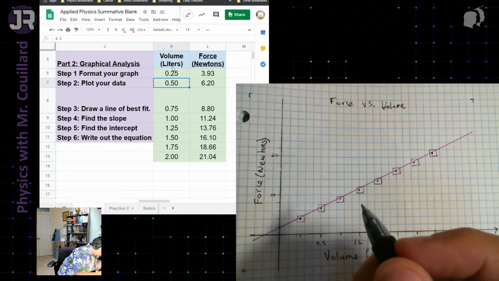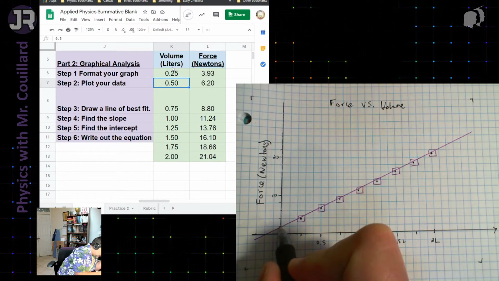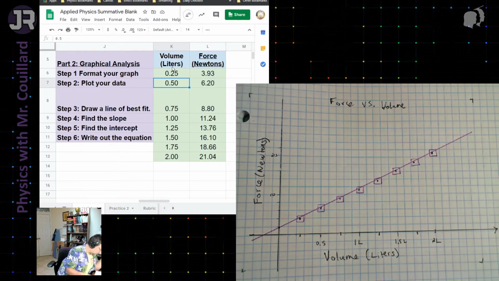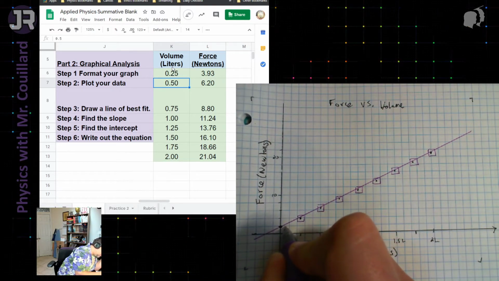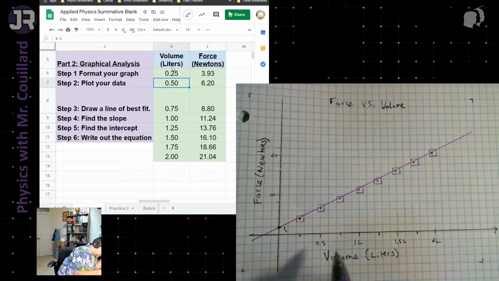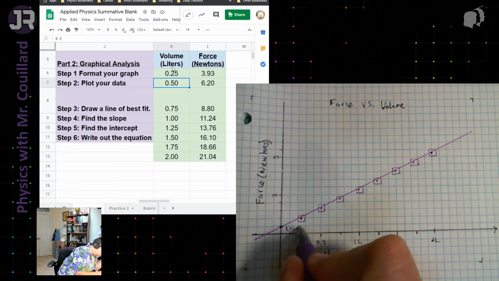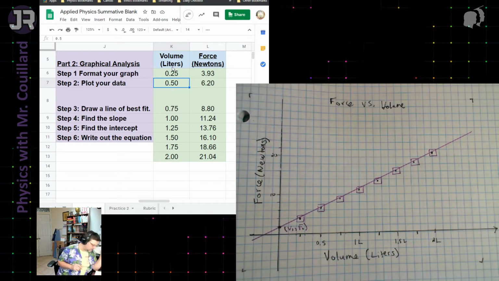I think if we go all the way back to the axis here, let me use a different color. Okay, so this is going to be V1 for volume, and this is going to be F1 for force. So that's going to be our first data point.